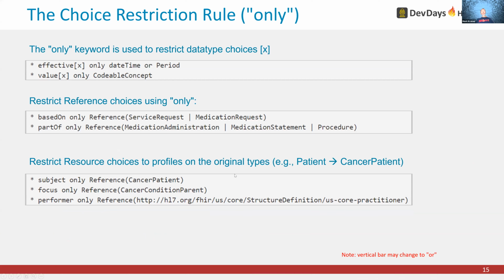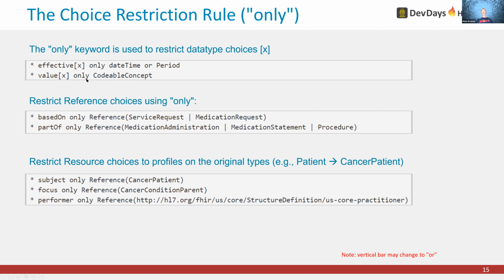Then a very powerful type of rule is the choice restriction rule, which uses the only keyword. And here what you're doing is restricting down the data type of an element. So sometimes you'll see the x syntax, and for example, value[x] gives you a set of choices for that value.